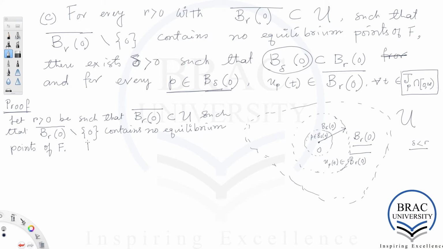Now we put epsilon to be equal to the infimum of all the numbers V of x as x runs along the circle of radius R centered at the origin.